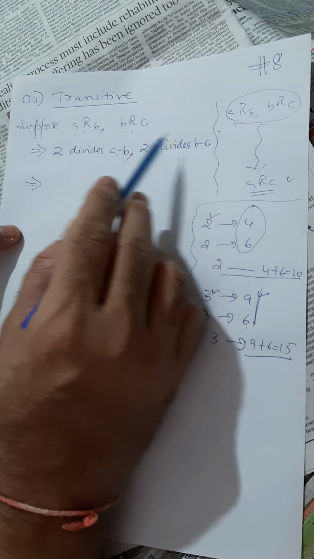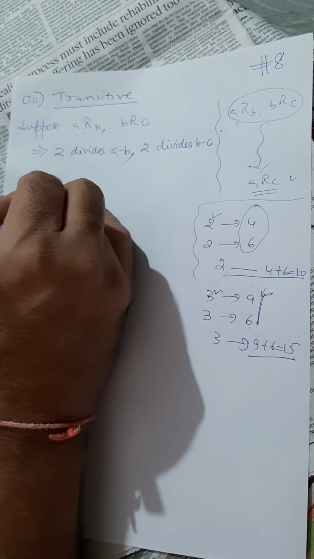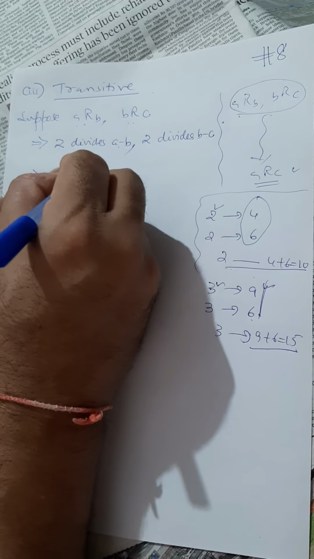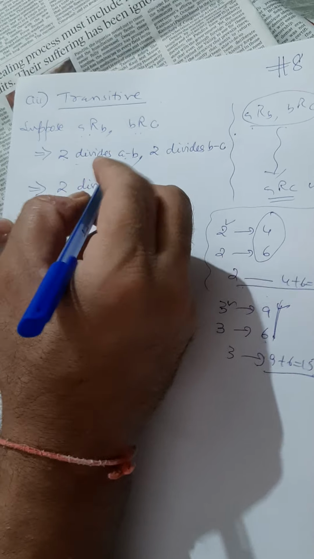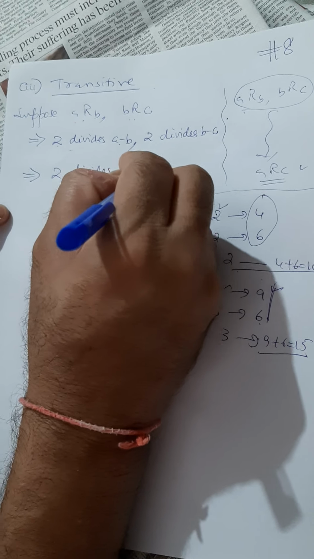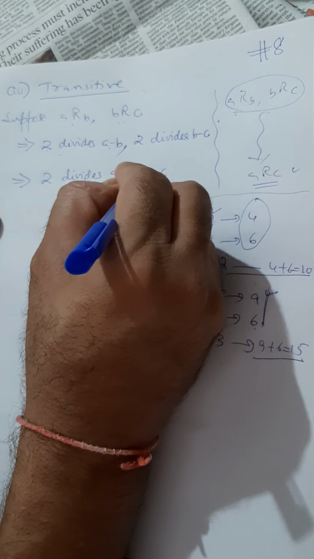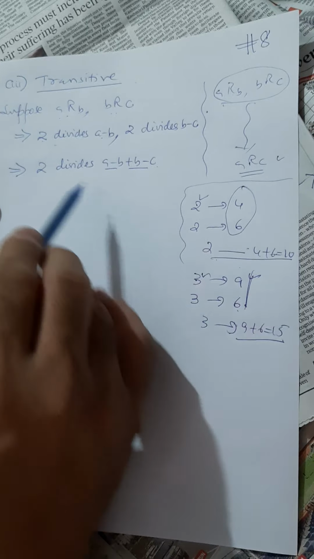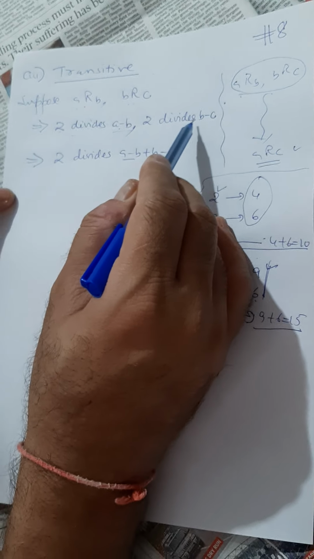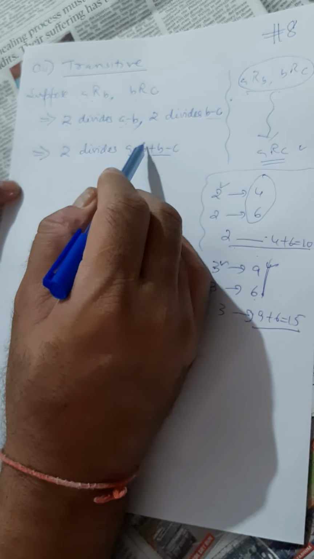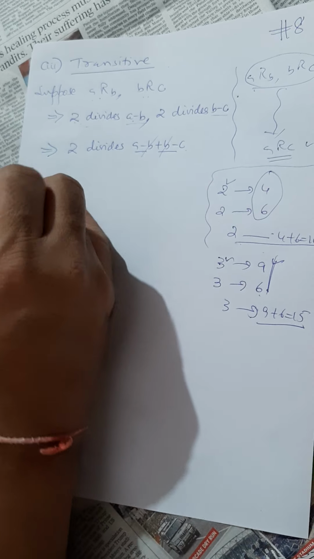So I'm going to use this property. 2 divides A minus B, 2 divides B minus C. So using this property you can say that 2 divides the sum of these two, that is A minus B plus B minus C, sum of these two. I've used this concept. So 2 must divide the sum of these two. B will get cancelled.